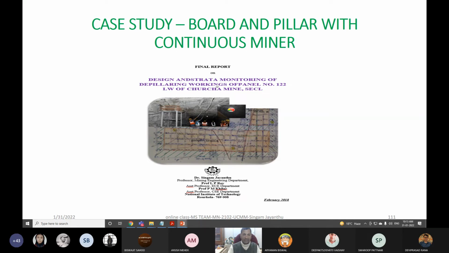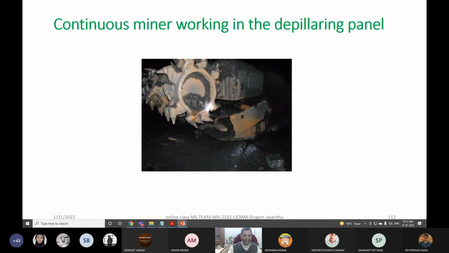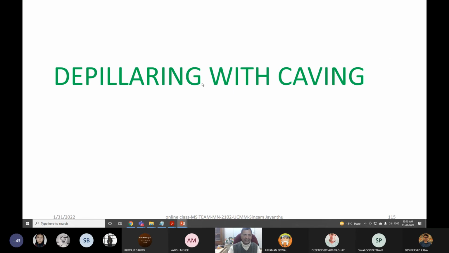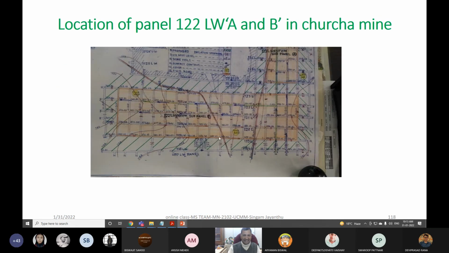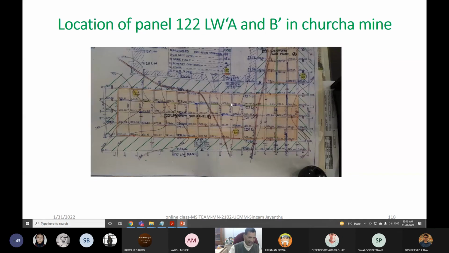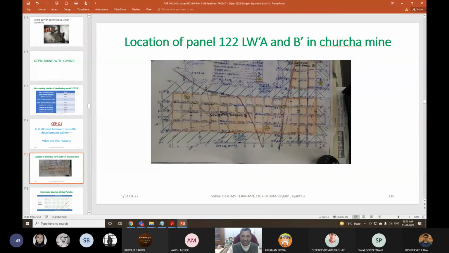We used to do transdisciplinary research in NEP 2020. And then continuous miners and resin bolting, latest technologies. We will be discussing all these things in the next classes, with the latest design.